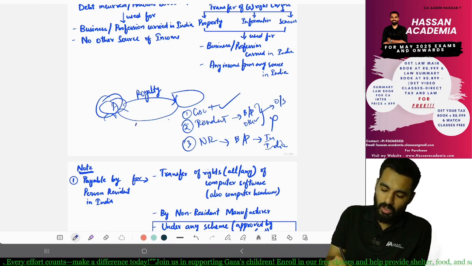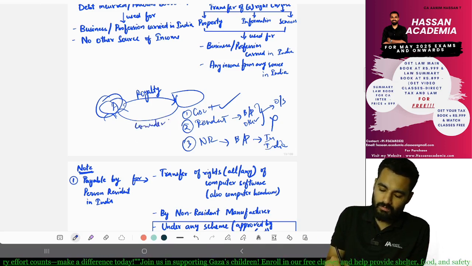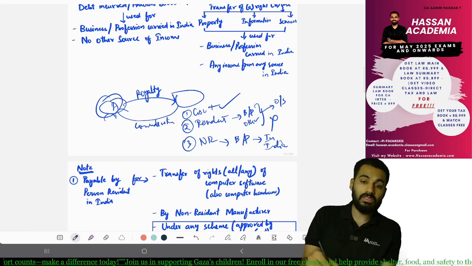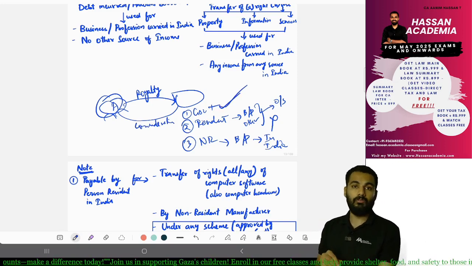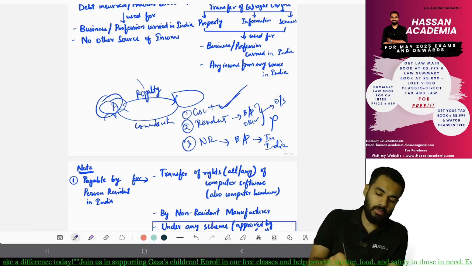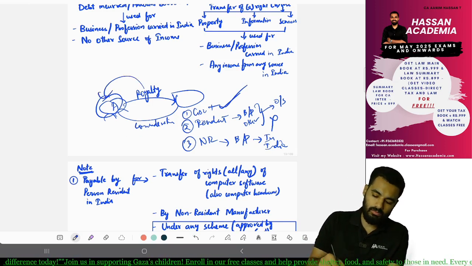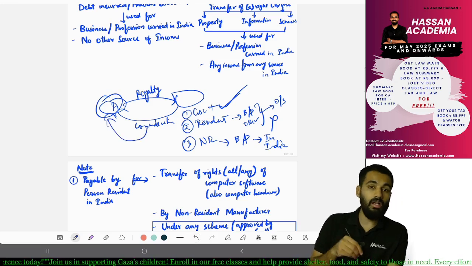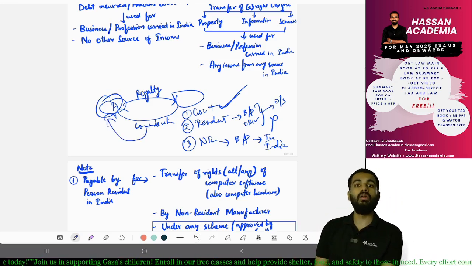You're giving consideration for this royalty. In that situation, if government is the one giving consideration, then this royalty will get accrued.